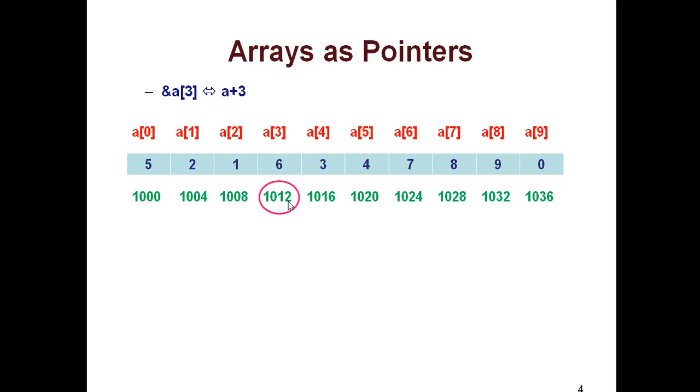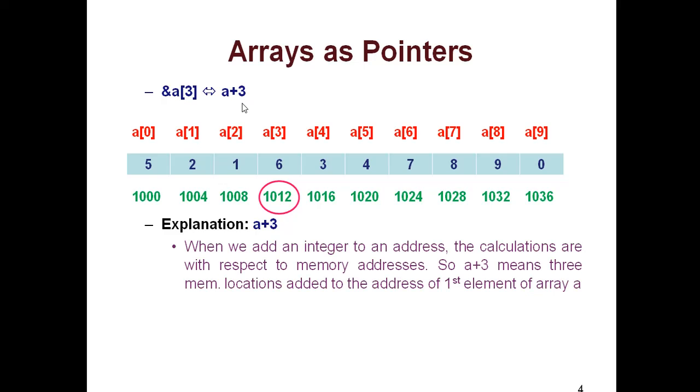Now let us try to understand the meaning of the expression on the right hand side. How are these two expressions equivalent? How is address of a of 3 equivalent to a plus 3? Let us see the explanation. Whenever you write some expression where you are adding an integer to an address, the calculations are with respect to memory addresses. So you are no longer just adding 3, but you are adding 3 memory locations to that address.